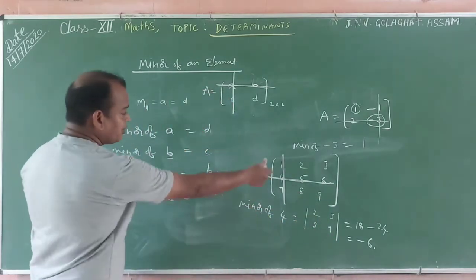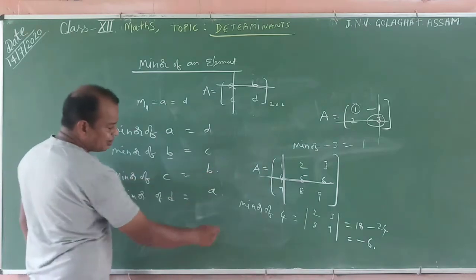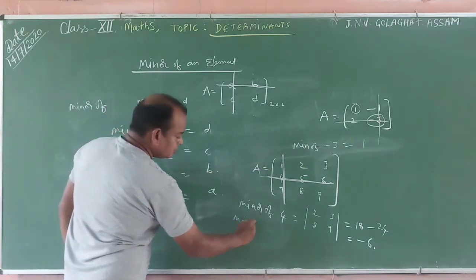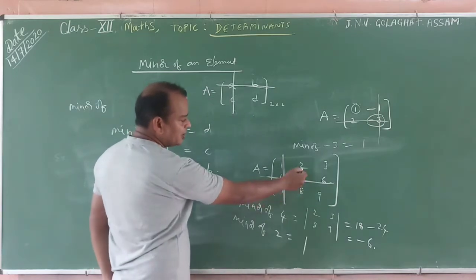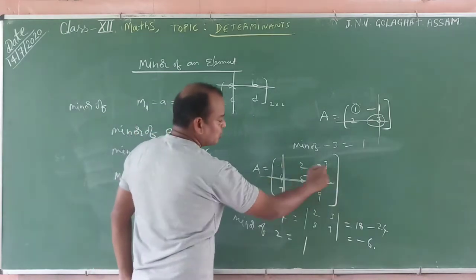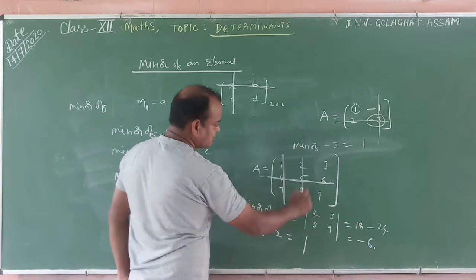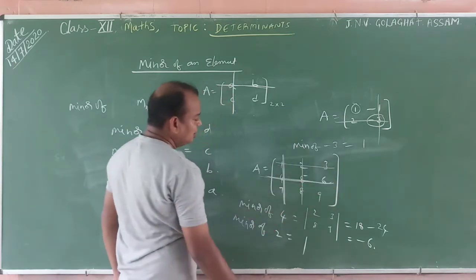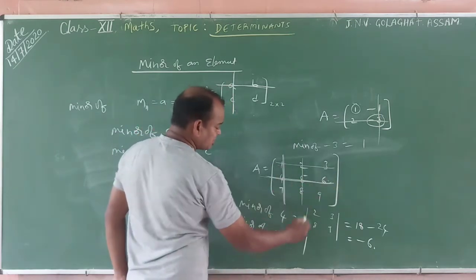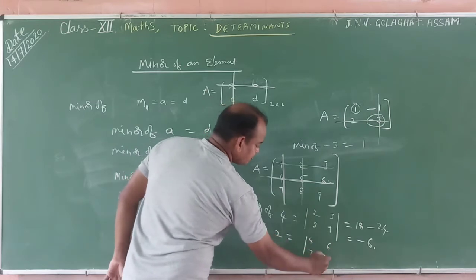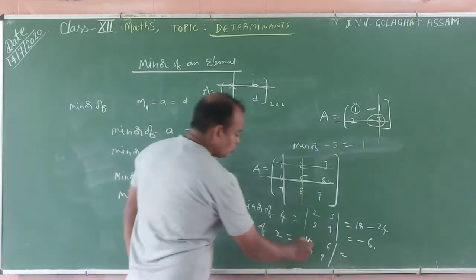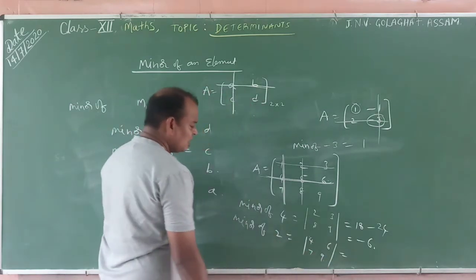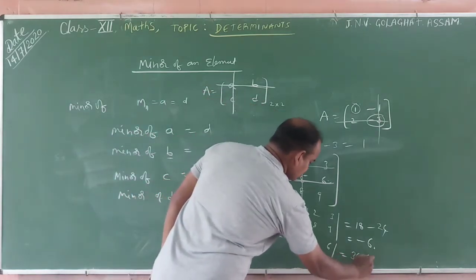For suppose we take the minor of 2 or 8, whatever it may be. Minor of 2. What happened? Minor of 2 means we delete this row and this column. The remaining elements are 4, 6, 7, 9. 4 9s are 36, 6 7s are 42.